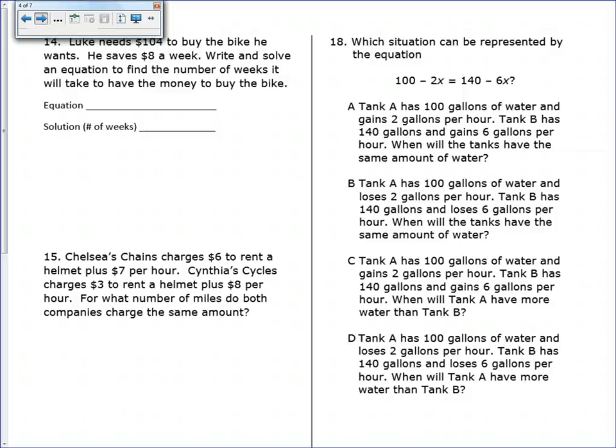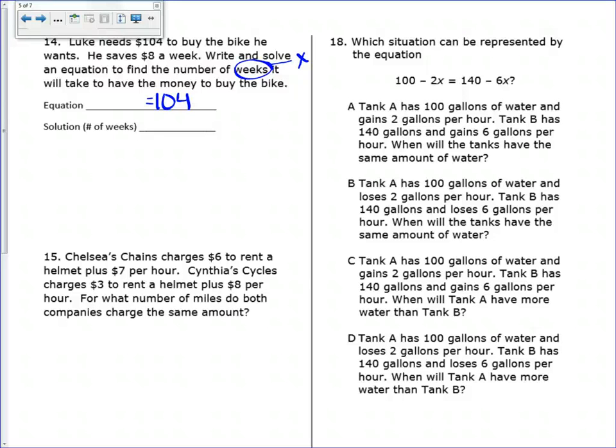Next page, we're going to start with number 14. Luke needs $104 to buy the bike he wants. He saves $8 a week. Write and solve an equation to find the number of weeks it will take. So we know the total Luke needs to save is $104. We're looking for the number of weeks, so that's going to be our x.